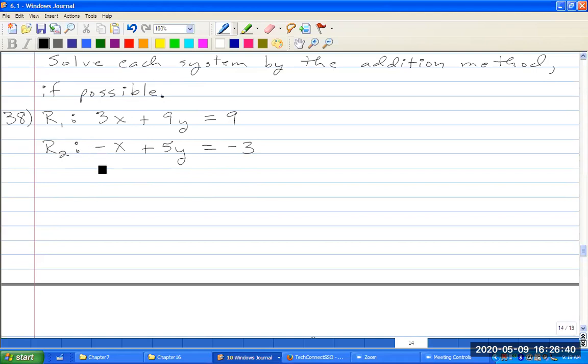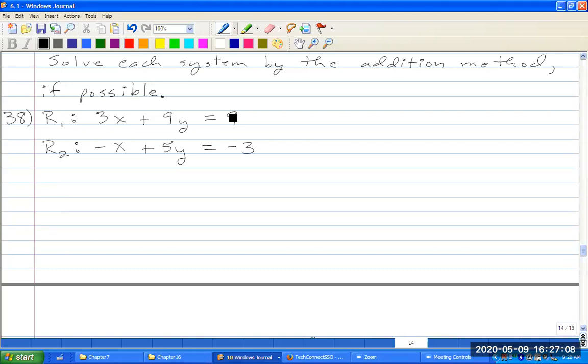The next equation is minus x plus 5y equals -3. So somehow I want to solve this system. The technique is to multiply one or more equations by constants so that when you add or subtract, you eliminate one of the variables.